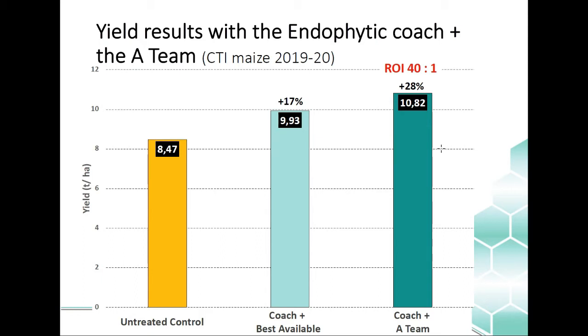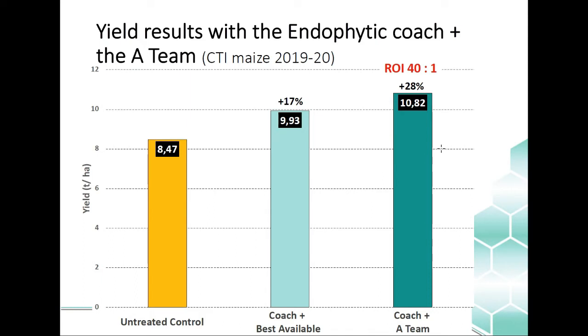You can put on the coach, but the coach can only recruit what is available in the soil. So in this situation, we inoculated the coach, the endophytic Trichoderma, and we're looking at the best available team it could put together from what is available in the soil.